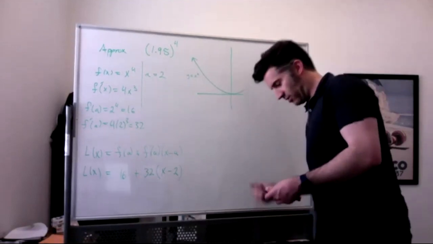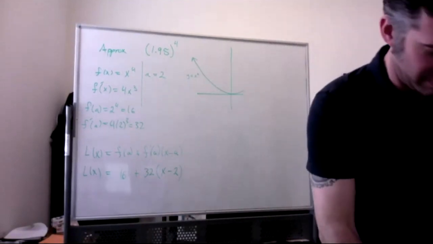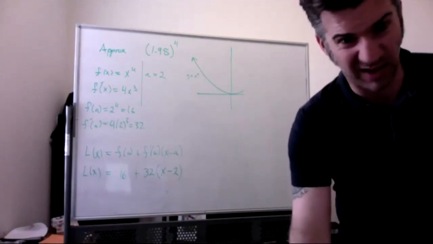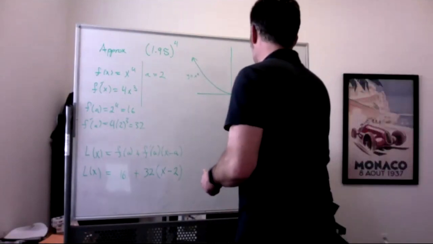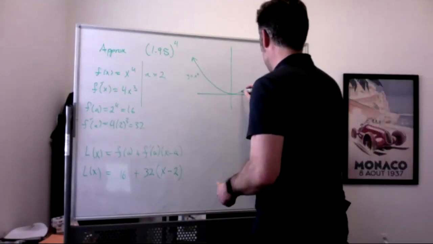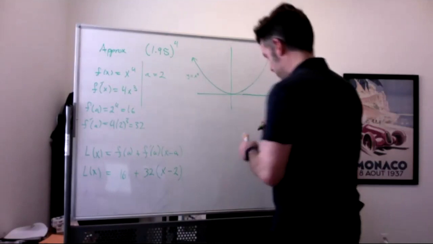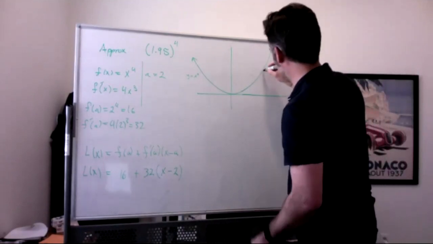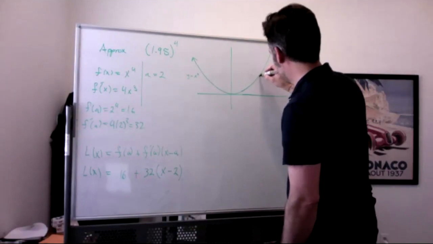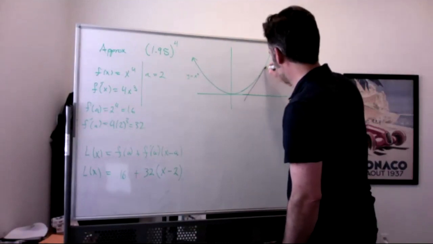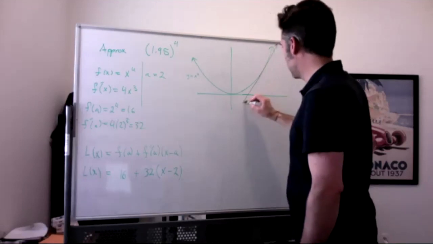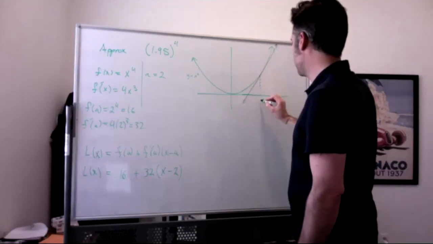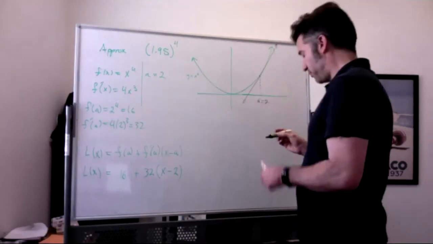Sometimes your pictures need to look good, and this is an example where the picture really does need to look good. Okay, let's try this one more time. See if I can draw a tangent line here. That's pretty good.